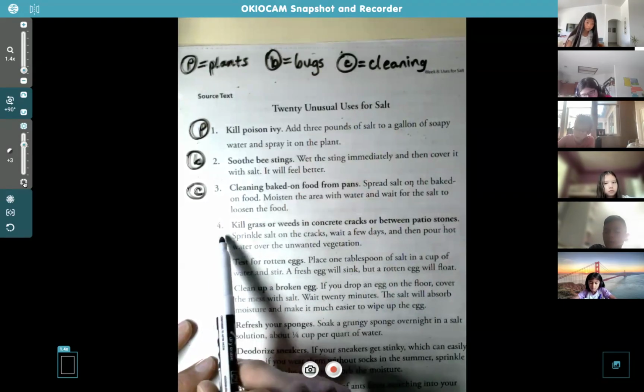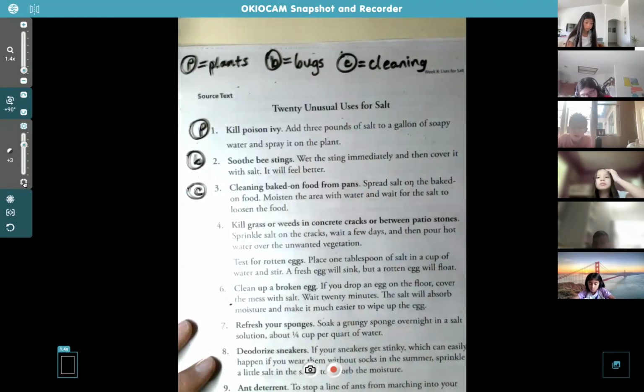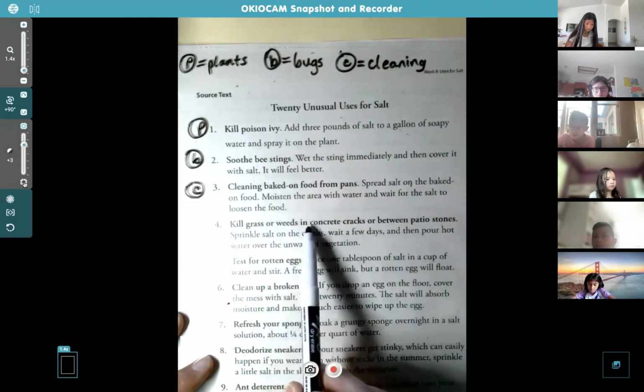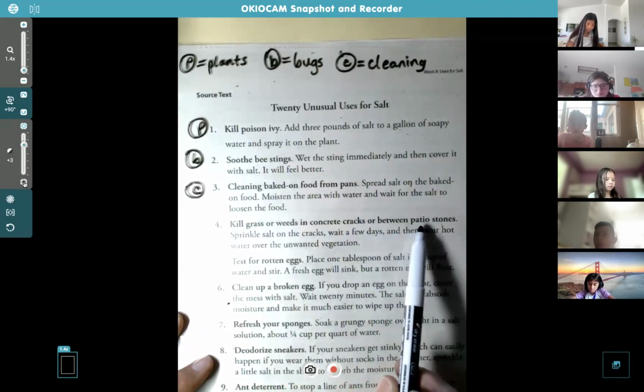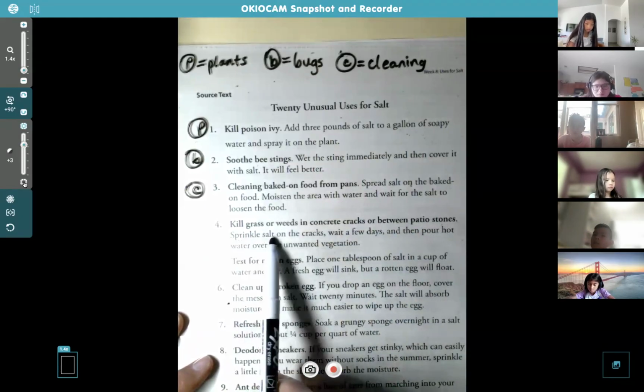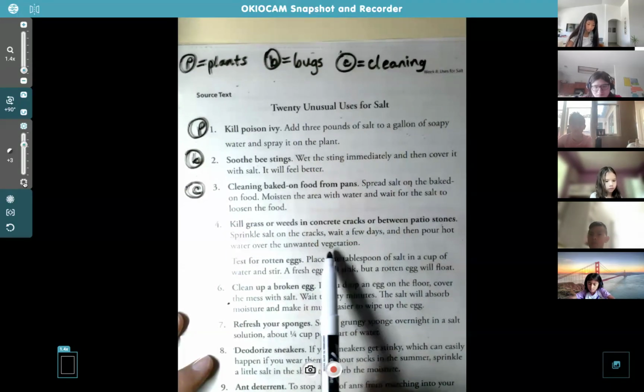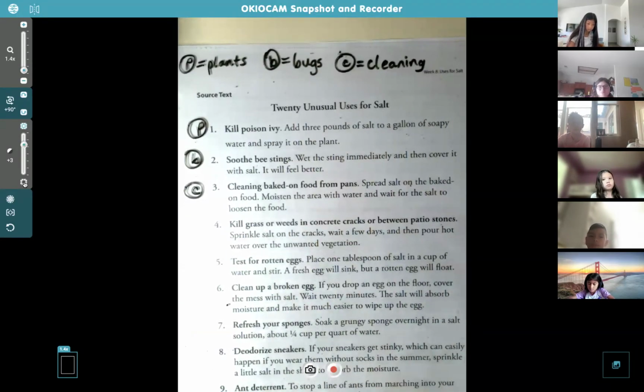Number 4, let me know if I'm going too fast. Okay, you guys. Number 4 says kill grass or weeds in concrete cracks or between patio stones. Sprinkle salt on the cracks, wait a few days, and then pour hot water over the unwanted vegetation. That's not a bad idea.